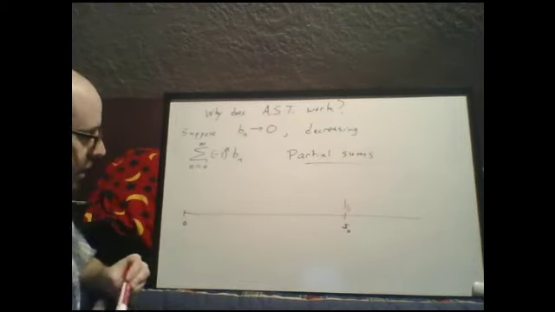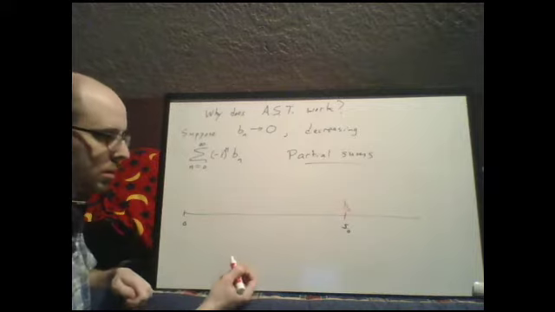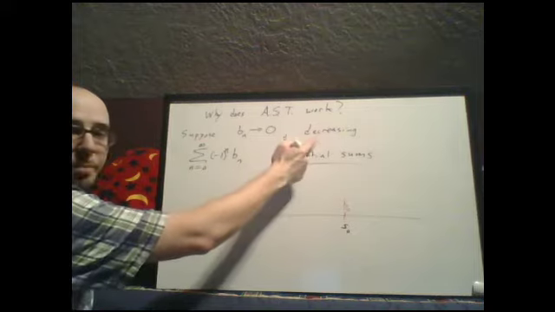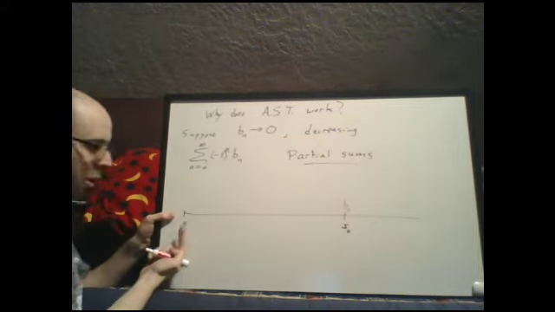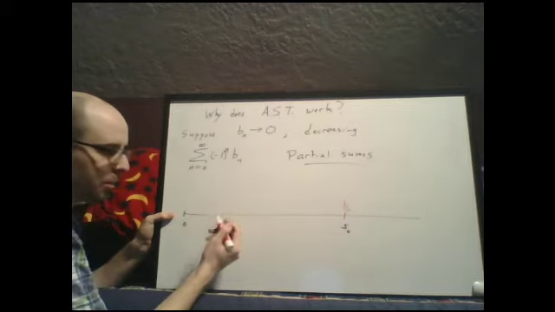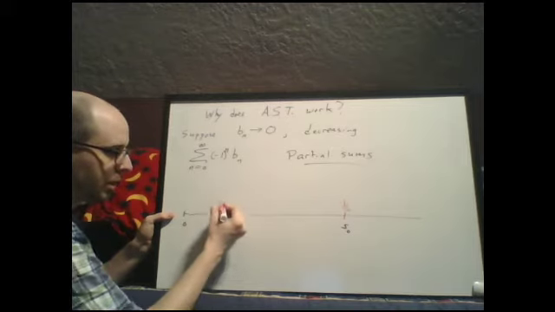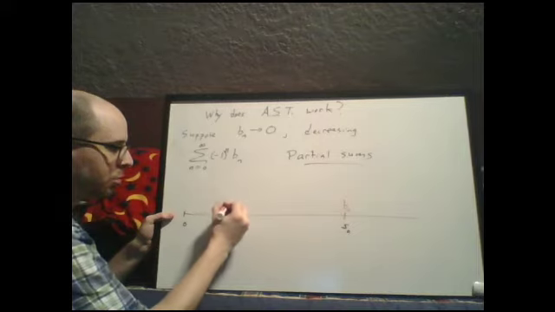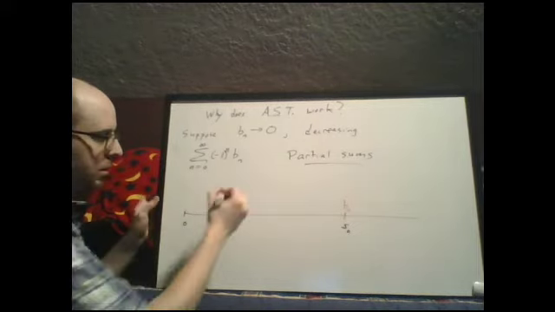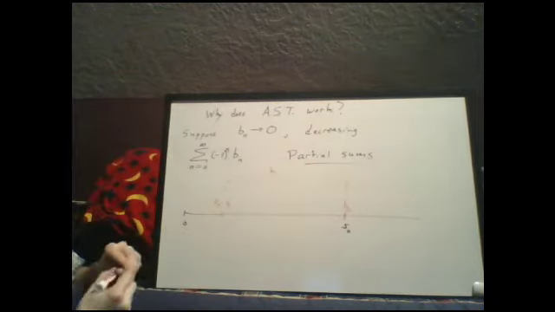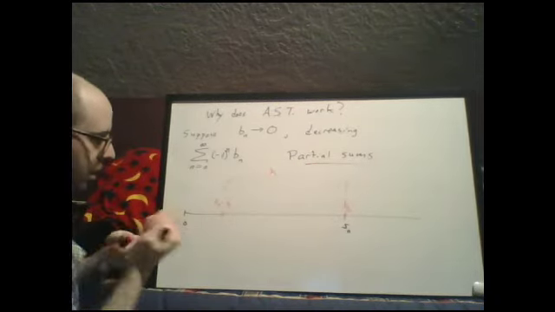So my next partial sum will be somewhere to the left, but since the b's are decreasing, I won't make it all the way back to 0. I'm subtracting b1 from here, so that puts me someplace in between, maybe around here. This is b0 minus b1, and this distance here is b1. So that's S1.